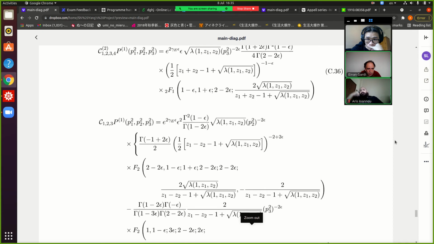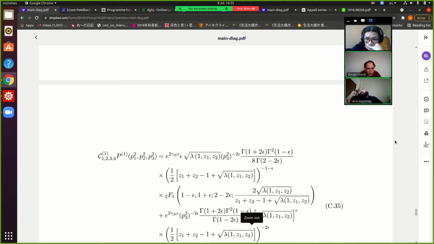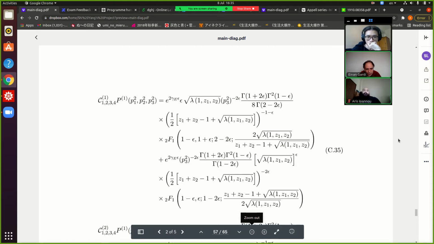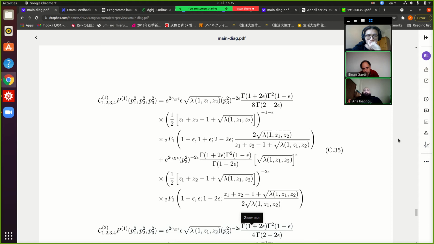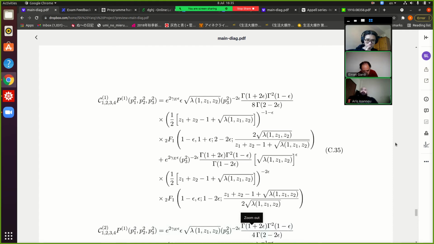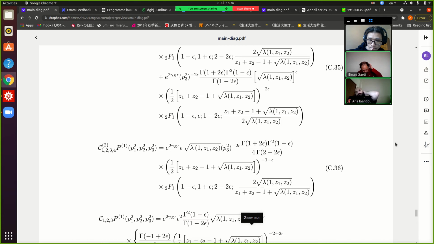No, the F2 are not the maximal cuts. Go up. Okay, yes, this is the maximal cut. You see, it's 2F1. 2F1 is good because that's two-dimensional. And then if you go down, these are the F2s that you see.